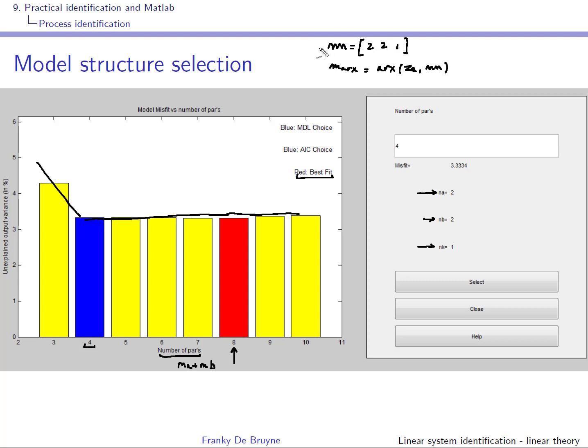Because you have already identified the correct model structure. This procedure of going through this window, you do it when you really want to identify the correct model structure. Once it has been identified, you do not need to go through this anymore.